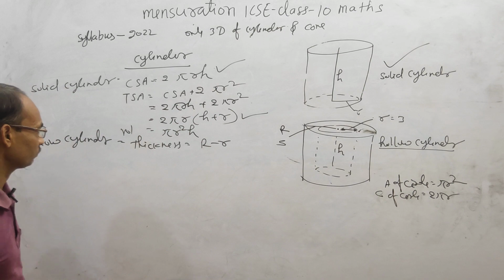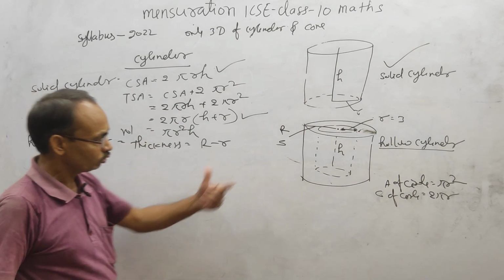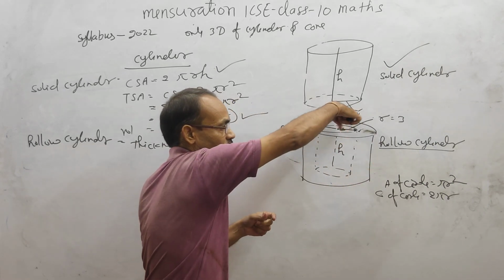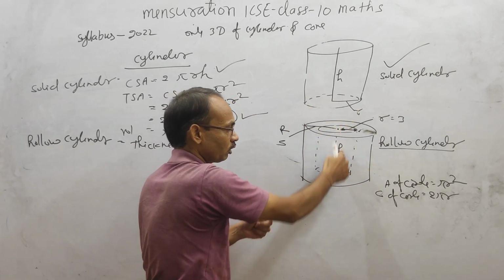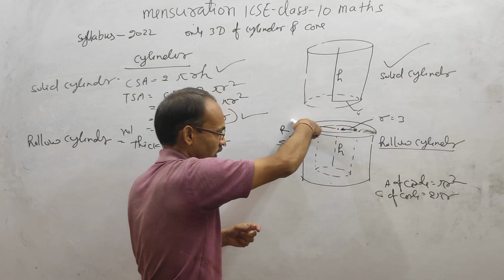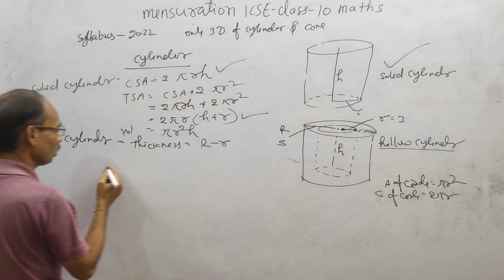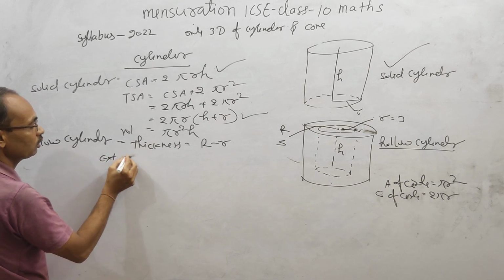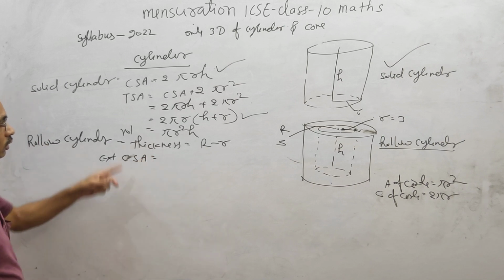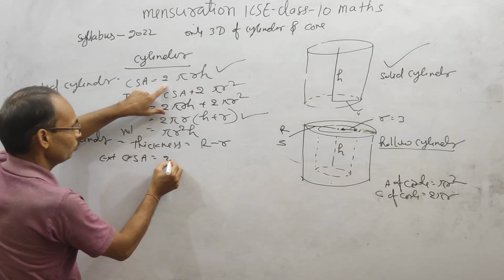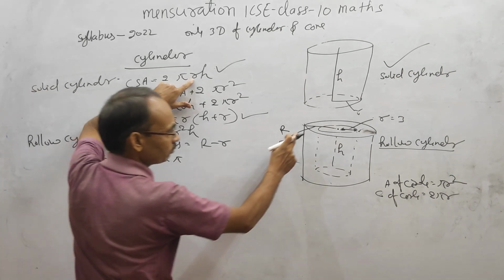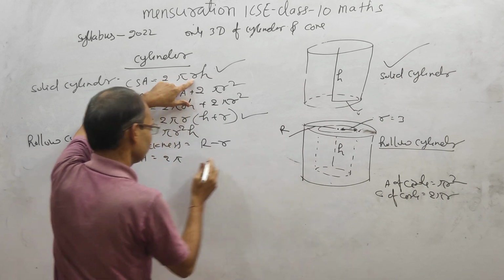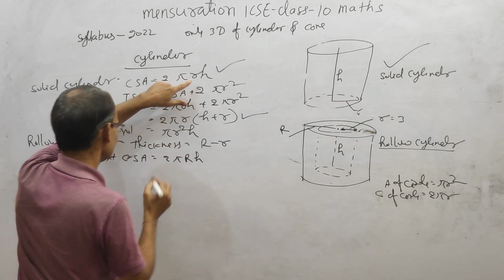Now there are two curved surfaces, the external curved surface and the internal curved surface. The external curved surface area has the same formula with 2 pi, but with capital R because it is external: 2 pi R h.